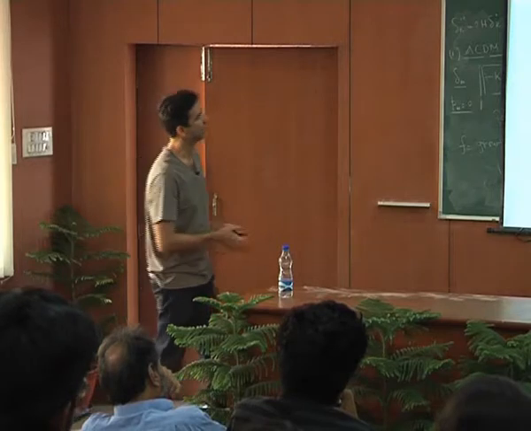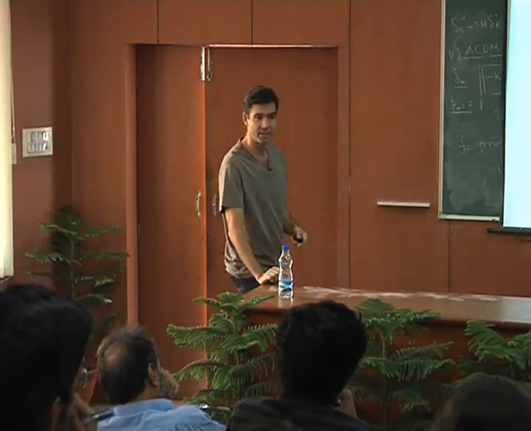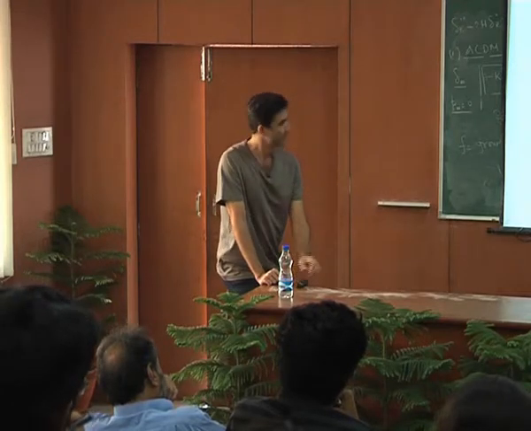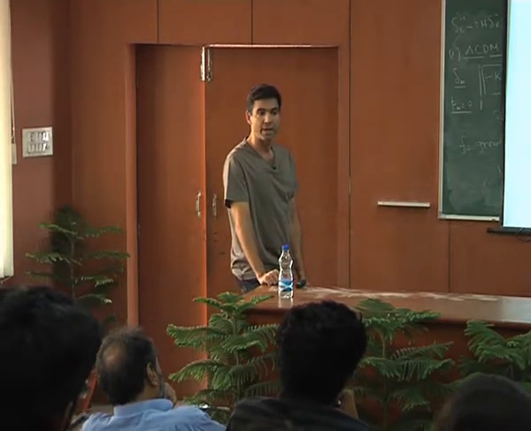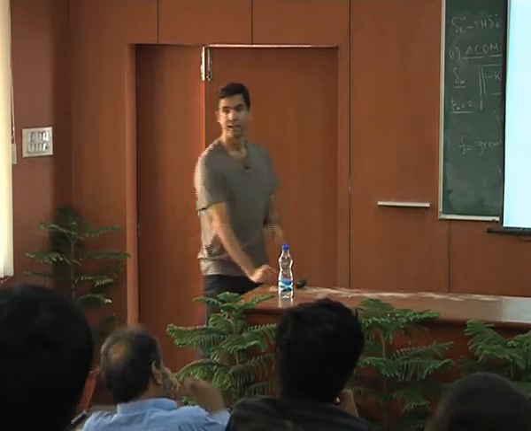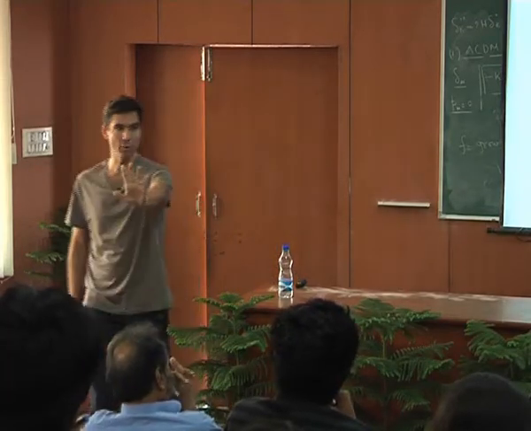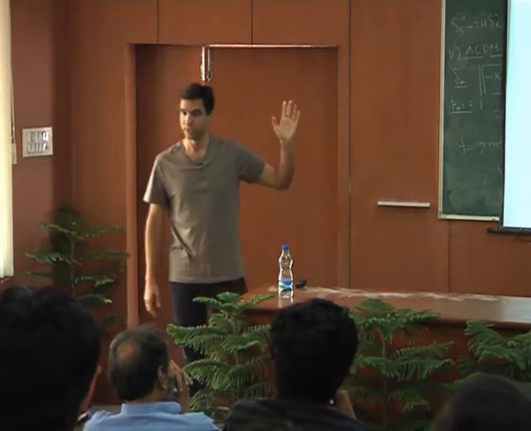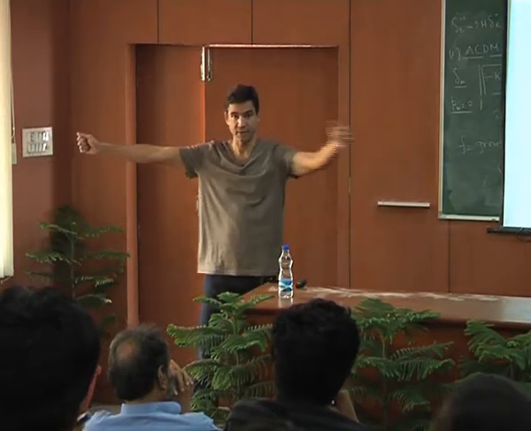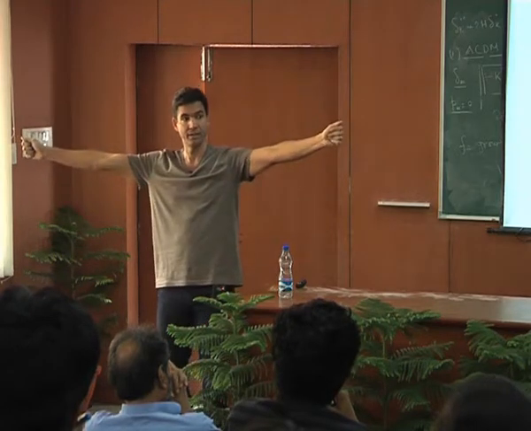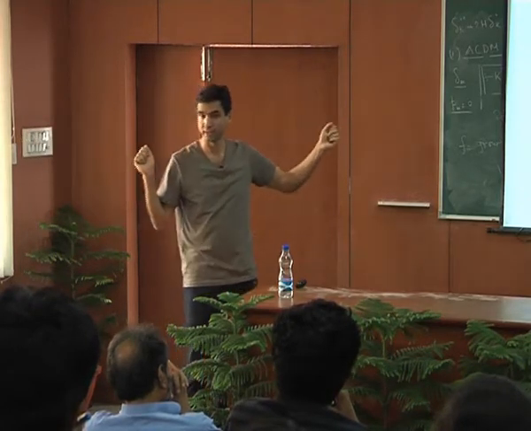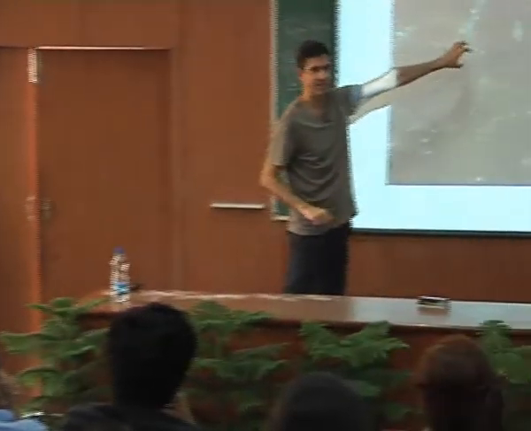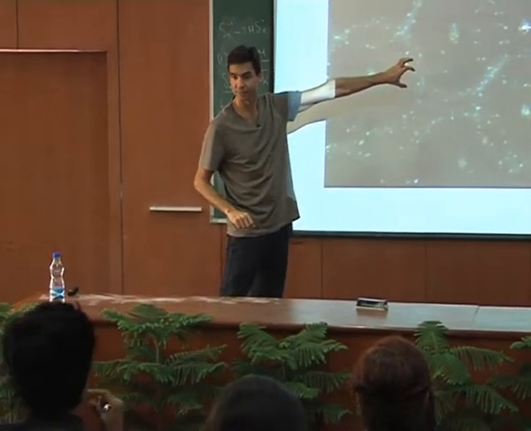There's one other respect in which this cartoon is a little unrealistic. This is circles of 100 megaparsecs. But some of the galaxies can be close to you, and some can be far from you. So that same 100 megaparsecs, if it's close to you, is a big angle, and if it's far, you see it as a small angle. So really, there should be circles of slightly different radius.